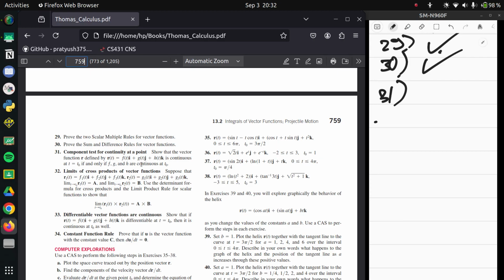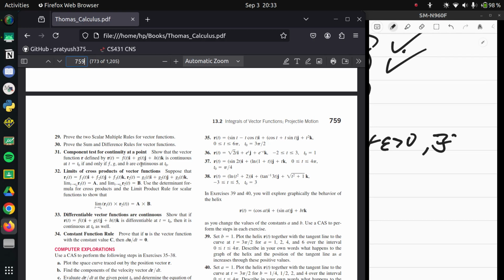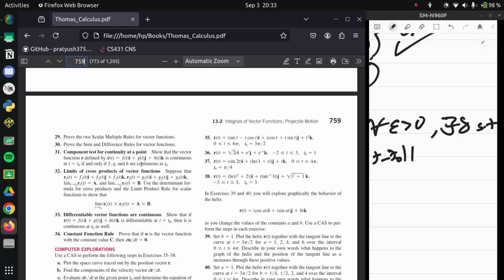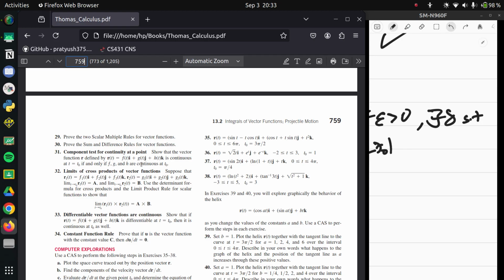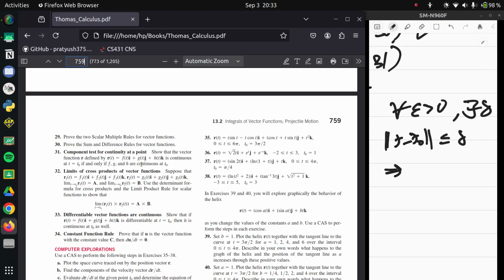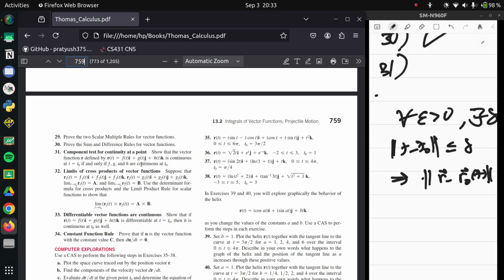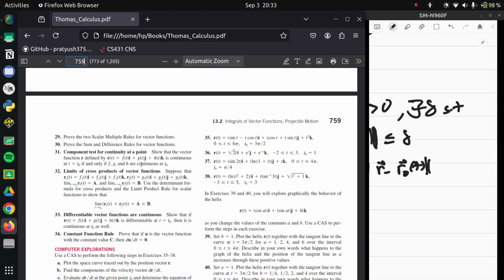So if your r is in fact converging, then what happens is that for all epsilon greater than 0, there exists some delta such that whenever your t minus t naught, this thing is less than or equal to delta, that implies that your r vector t minus r naught vector, the norm of that, is less than or equal to epsilon. Actually, the t part is just an absolute value, by the way, it's not a norm, it's just two numbers.